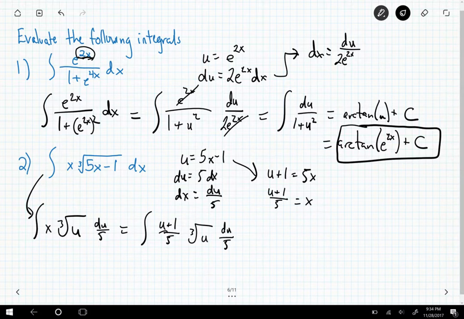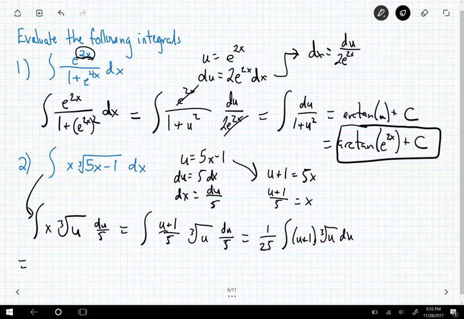So notice the 5 in the denominator of both those parts can be pulled out, so that's 1 over 25 times the integral of u plus 1, that whole quantity, times the cube root of u. Whoops, put the u up there. And then a du.